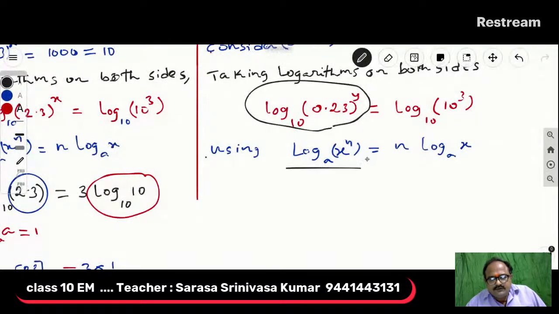We have the left hand side part in the form of log x to the power of n to the base a, and it can be written as n log x base a.